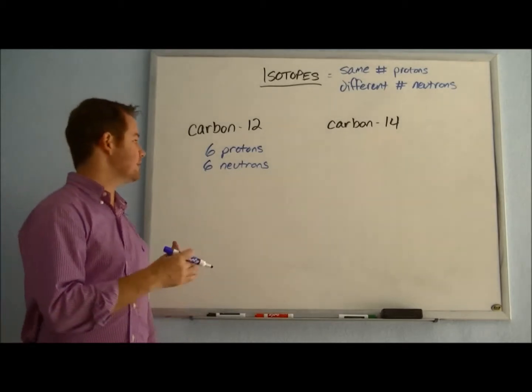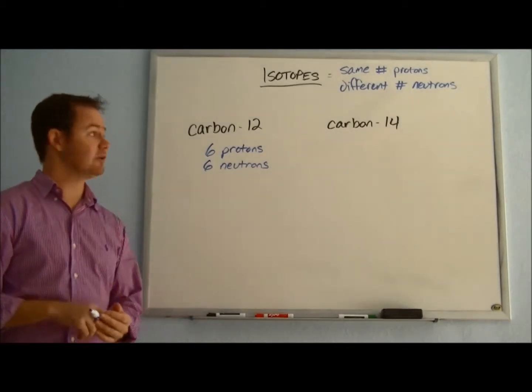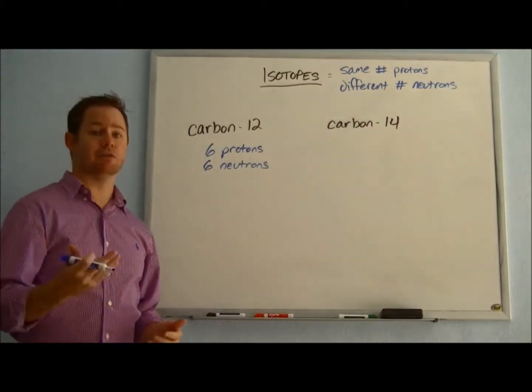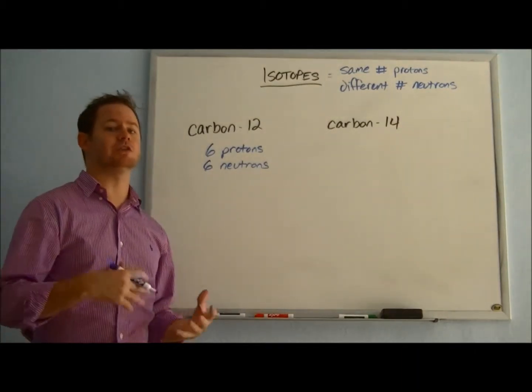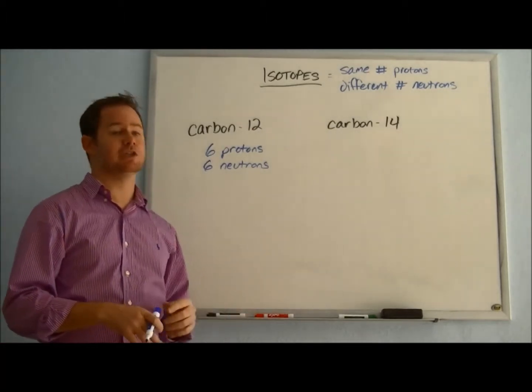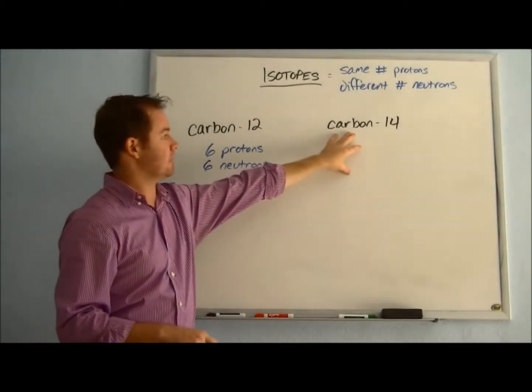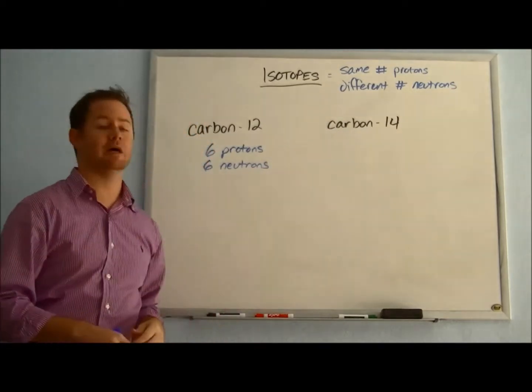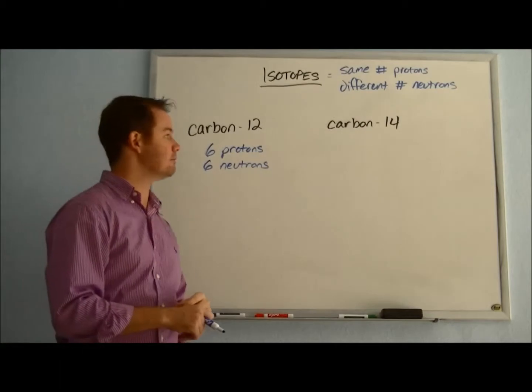But sometimes you have different variations of a particular element. Carbon-14 is something that shows up occasionally. You might have heard of carbon-14 dating, which is a way of looking at decay to determine the age of things based on the amount of carbon-14 remaining after a certain period of time.